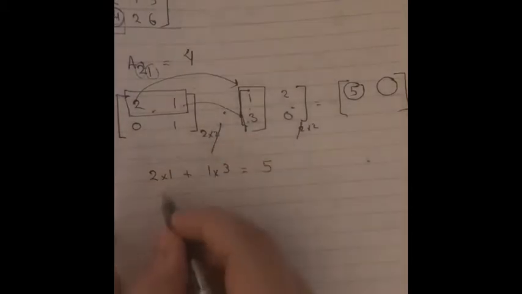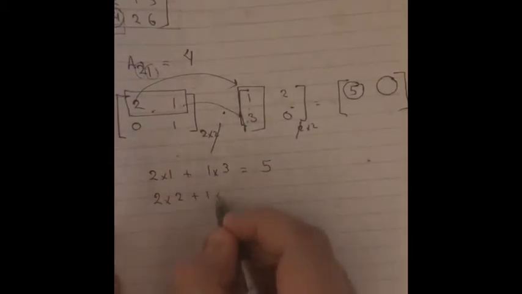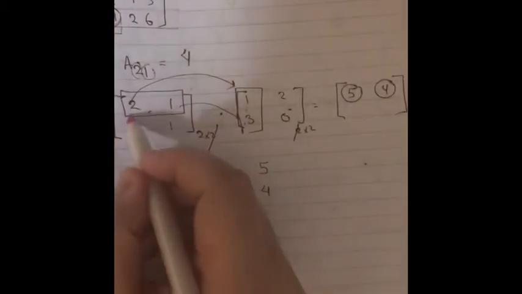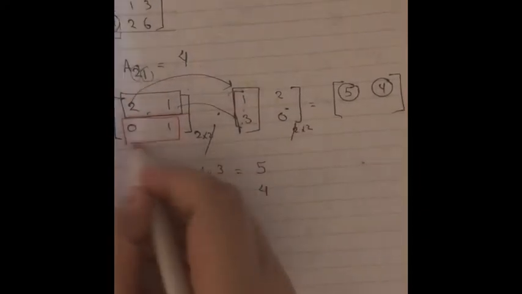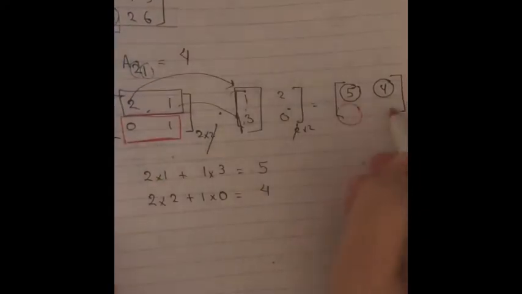To get the number at the right of it, I would do this row with this column. So 2 by 2 plus 1 by 0, which is 4. This is the 4. Then I usually finish the first row with this column and with this column, and then I move to the second row. Second row would give me these answers.